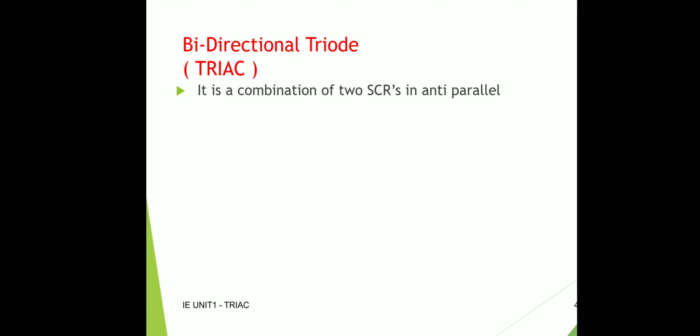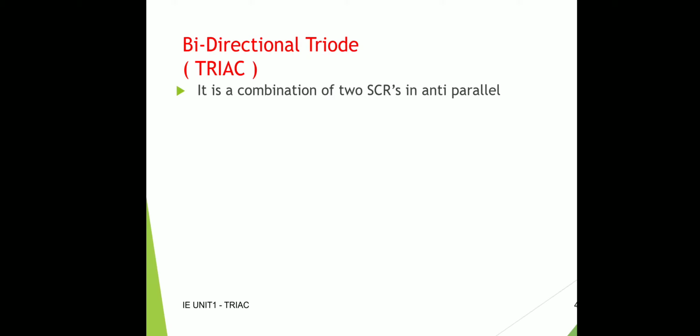There are a few similarities between the TRIAC, which we are going to discuss now, and the SCR. TRIAC is a three-terminal device. SCR is also a three-terminal device. The terminals of the TRIAC are main terminal T1, main terminal T2, and the gate terminal. The SCR also has three terminals: anode, cathode, and gate.